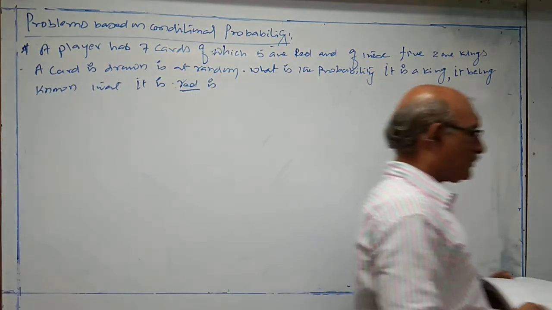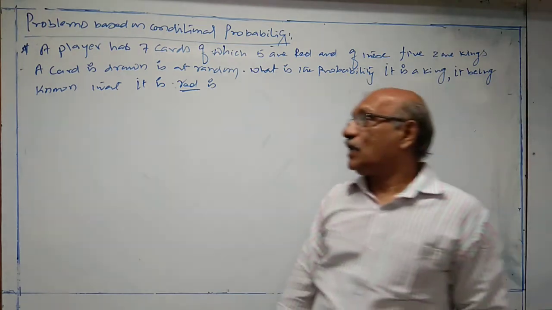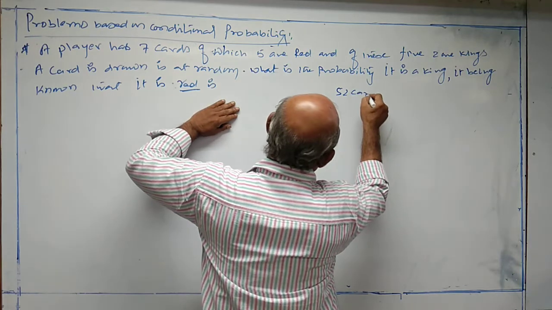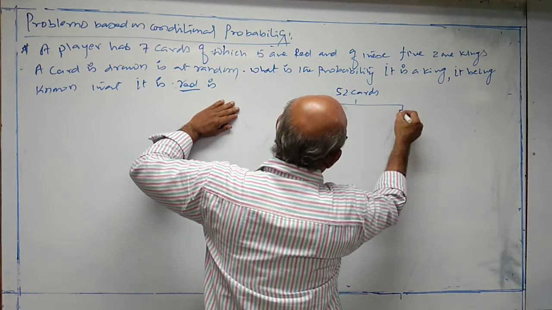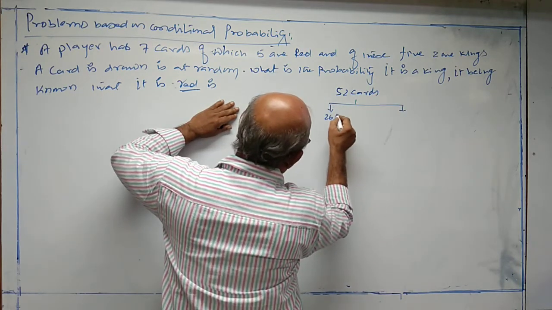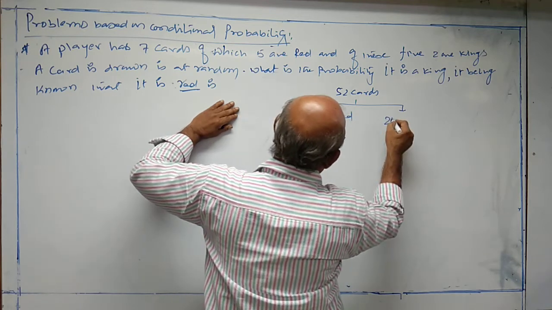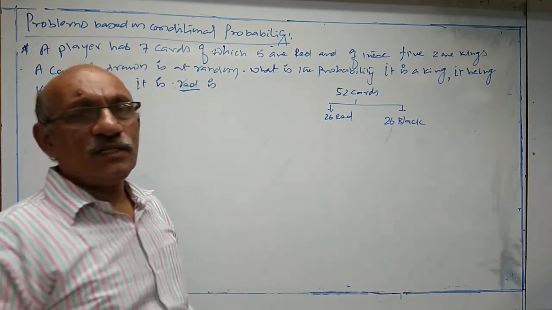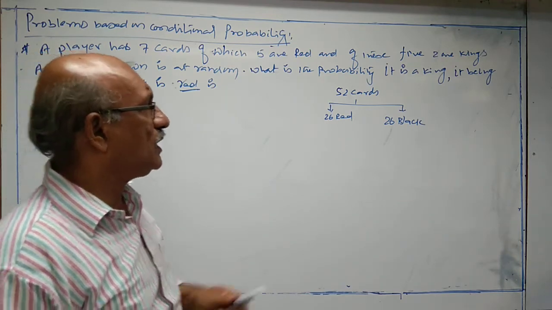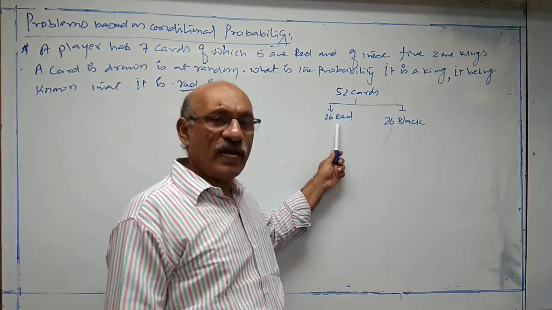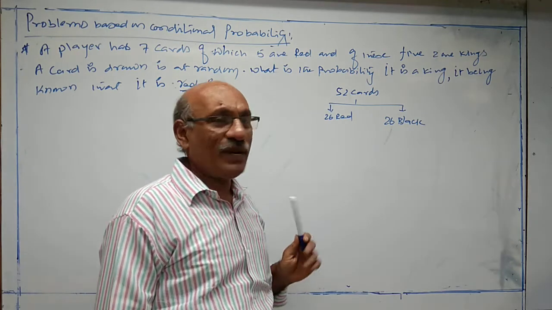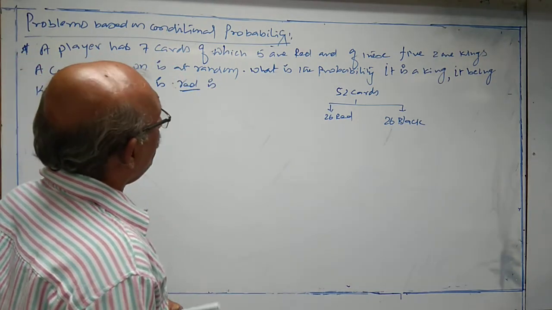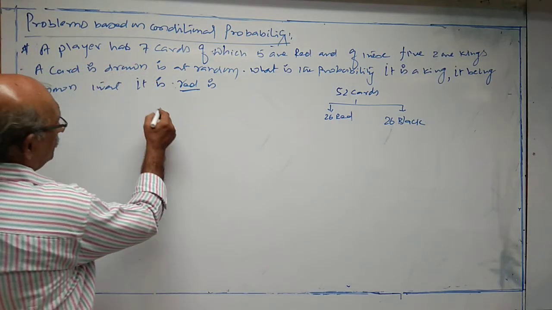Now as far as cards are concerned, there are 52 cards. Out of this, 26 are red in color, 26 are black in color. What is given? A player is having 7 cards, of which 5 are red.